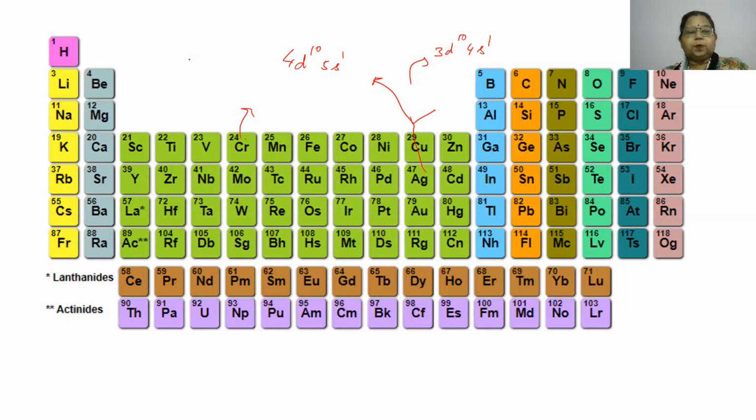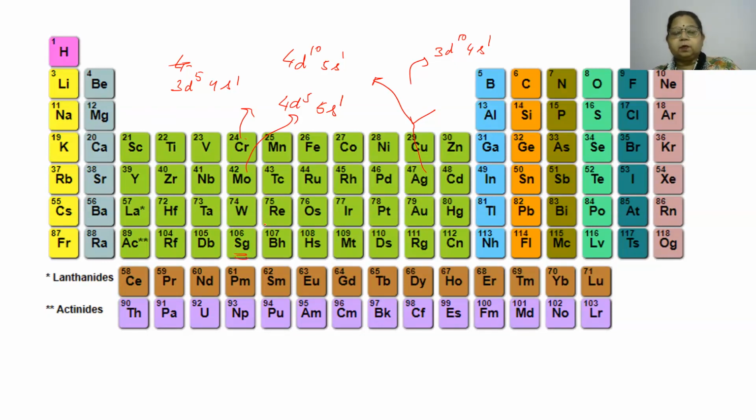What do we write for chromium? We write it as 3d5 4s1. Similarly, for molybdenum, the valence shell will become 4d5 5s1. One interesting fact about this element having atomic number 106, seaborgium.